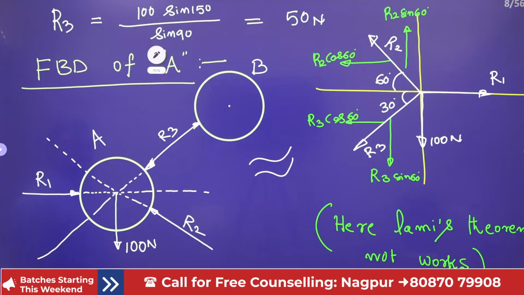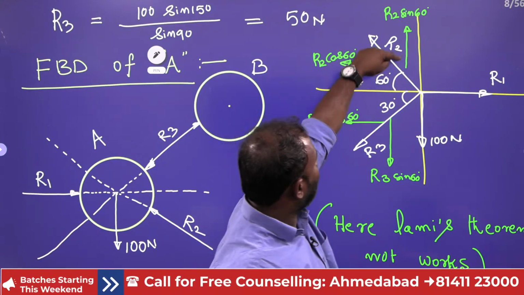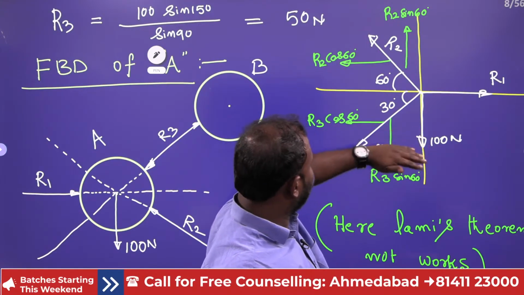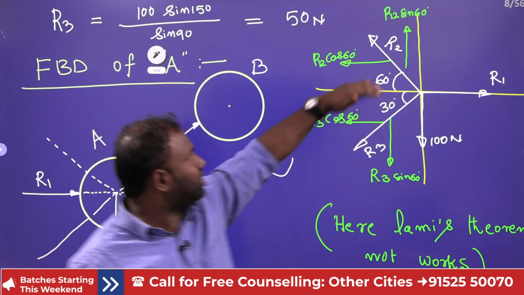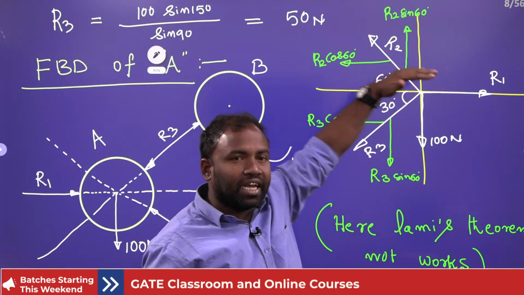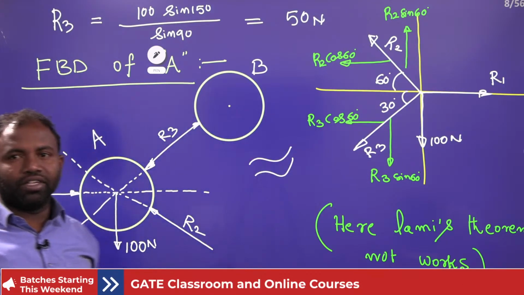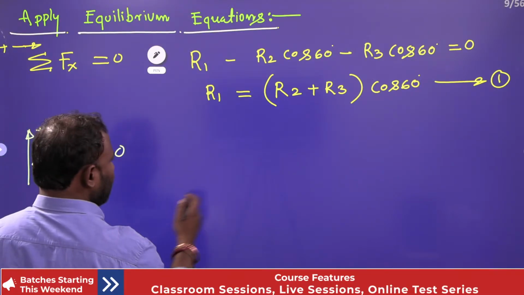What are the upward forces here, and the downward forces? R2 sin 60 is upward, and R3 sin 60 and 100 newtons are downward. So R2 sin 60 is positive, and R3 sin 60 and 100 are negative.